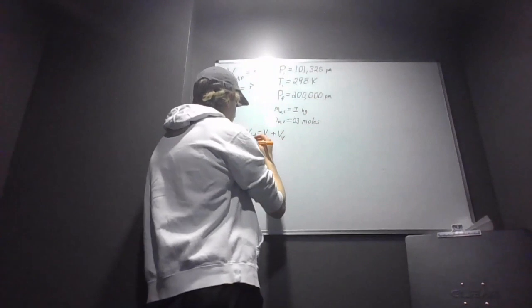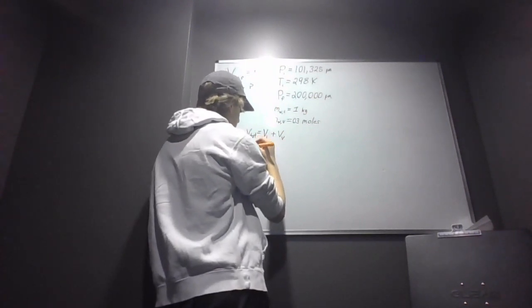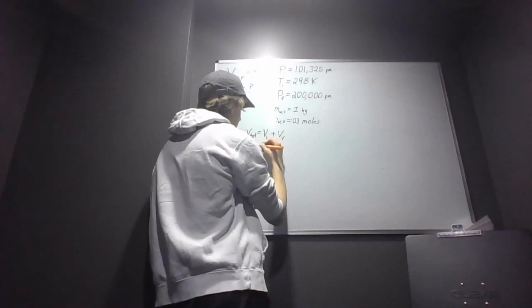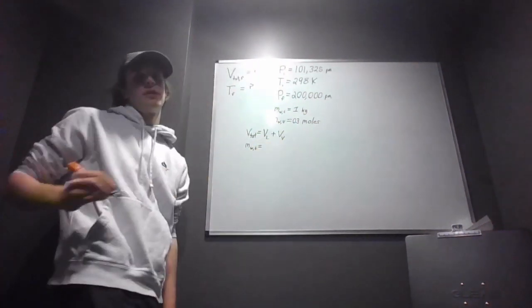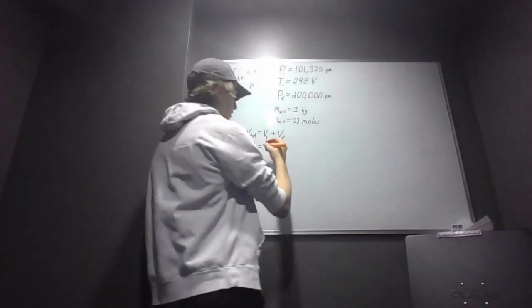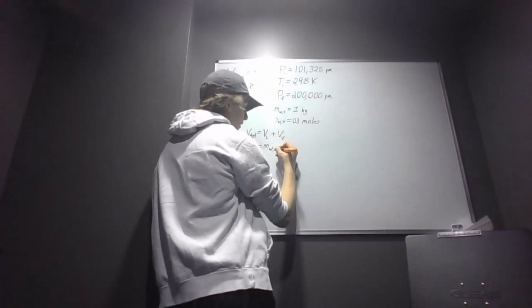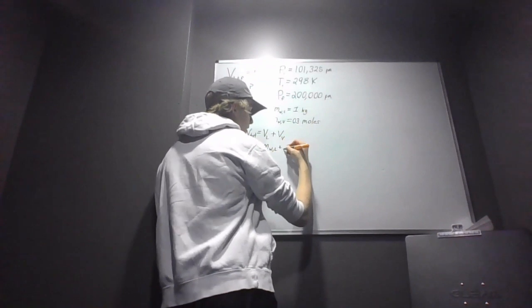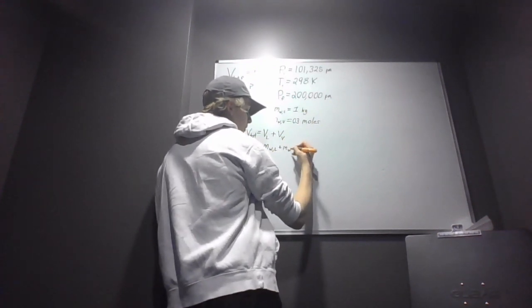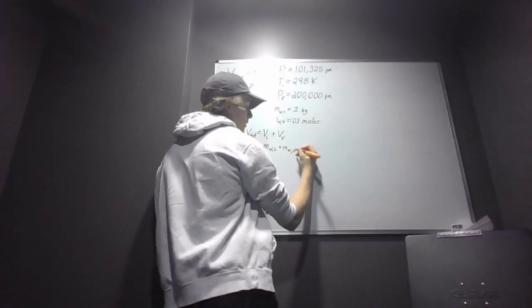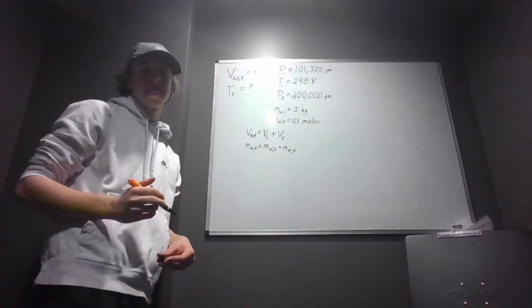And then the mass of the water total will also be equal to the mass of the water in the liquid phase plus the mass of the water in the vapor phase.